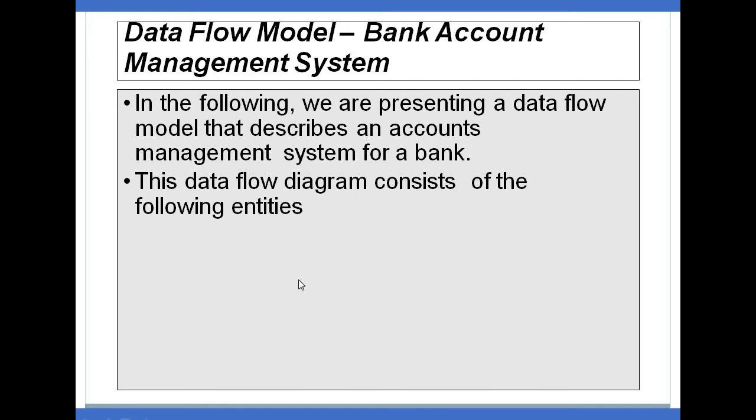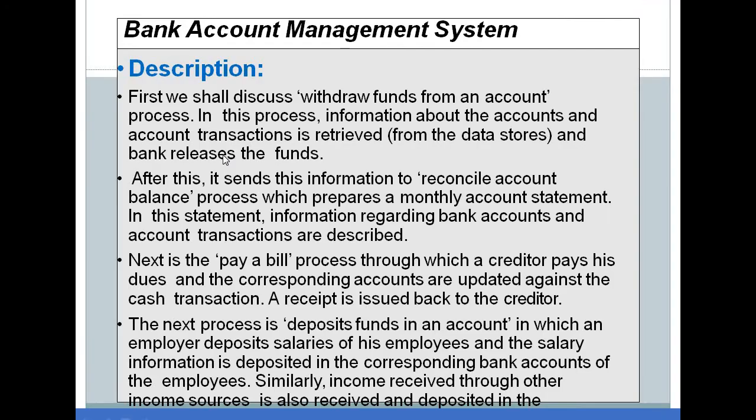Now next is the example. Data flow diagram, data flow model. Take an example of a bank account management system. In the following, we are presenting a data flow model that describes an account management system for a bank. This data flow diagram consists of the following entities. Now let's see a little bit of description. First, we shall discuss the withdraw funds from an account process.